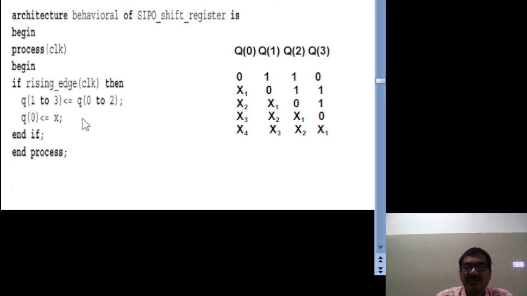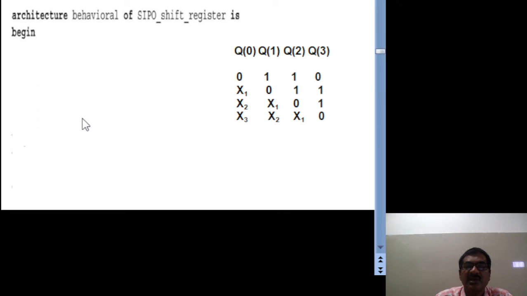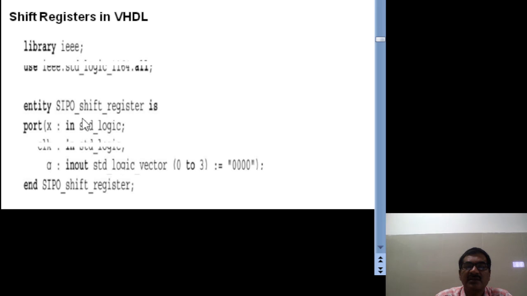First of all we need to declare the entity as per the program. The entity includes all inputs and outputs. Here the inputs are the data input x and the clock input clock. Since the model is parallel out, all the bits have to be extracted from the register simultaneously. Therefore q is declared as a vector of size 4, that is 0 to 3.